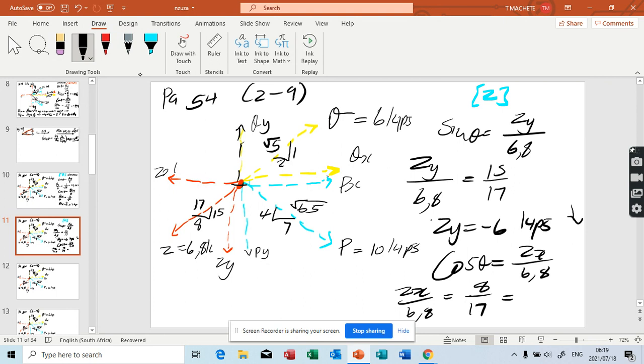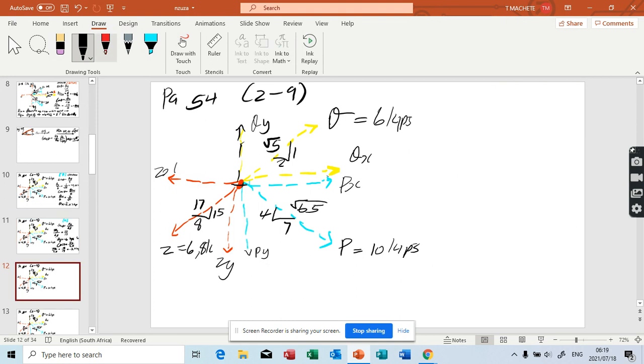Okay, negative 3.2. Okay, it's fine. Then let's move to P.